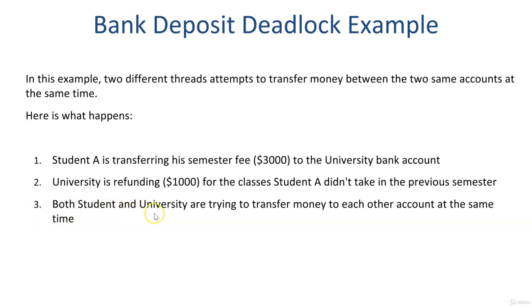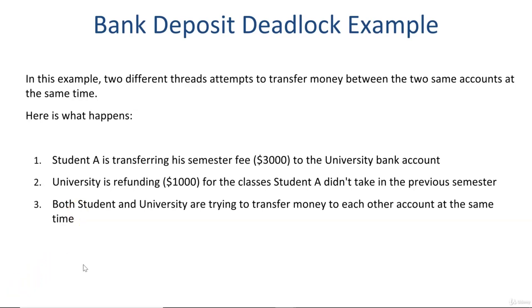Both student and university are trying to transfer money to each other's account at the same time. So in this situation, student A is trying to transfer the semester fee, and university is trying to transfer the refund money to the student account, and both of them are trying to transfer at the same time.